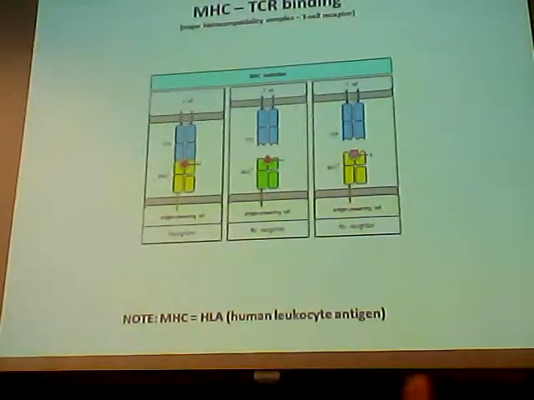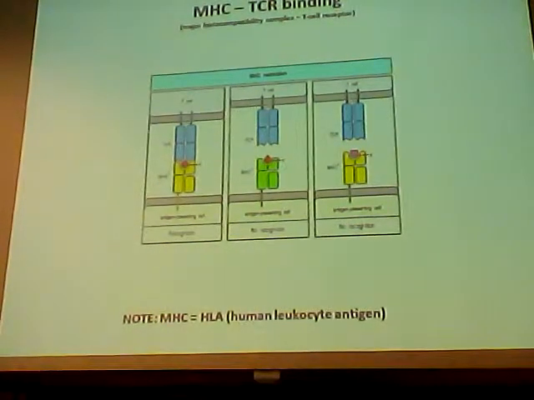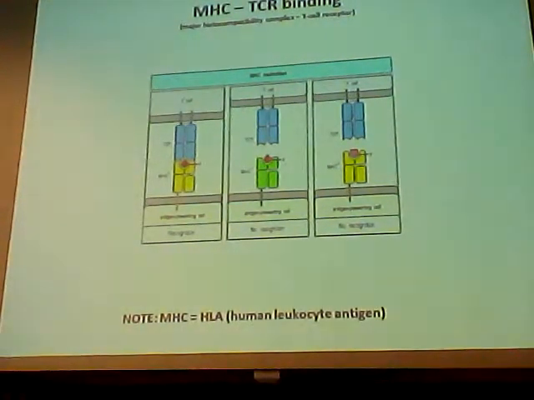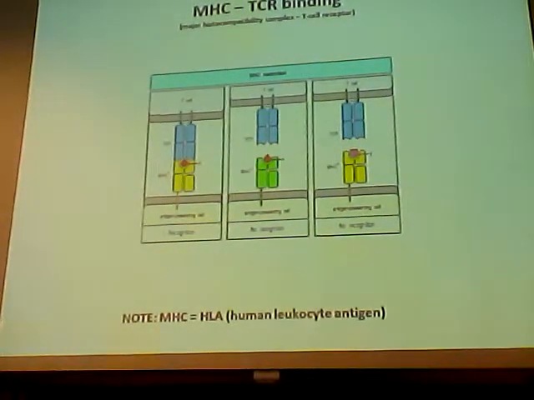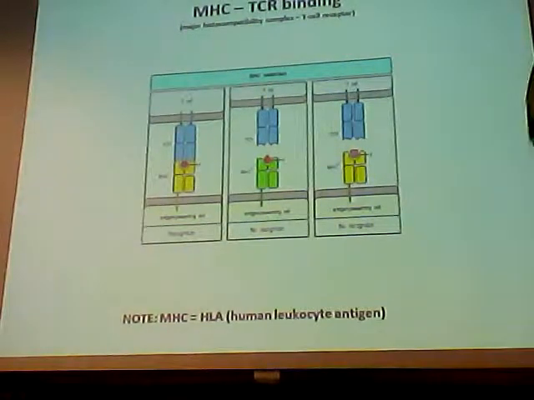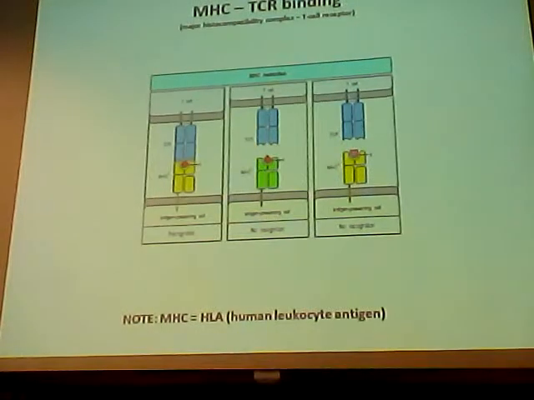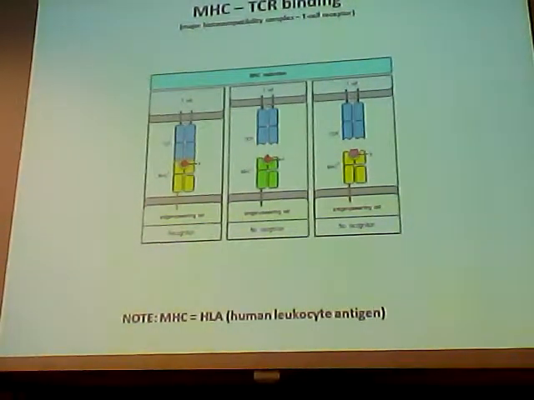So MHC class 1, self, with CD8 cytotoxic T cell. And MHC class 2 is with the foreign and the CD4 T helper. I remember it's 1 times 8 is 8, 2 times 4 is 8 as well.